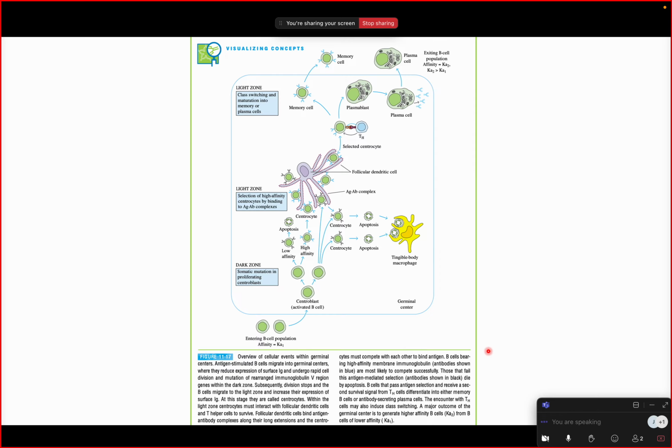B cells bearing high affinity membrane immunoglobulin, or antibodies, shown here in blue, these ones in this case. So we had blue, gray, right, these antibodies present here. Those that fail this antigen mediated selection die by apoptosis.